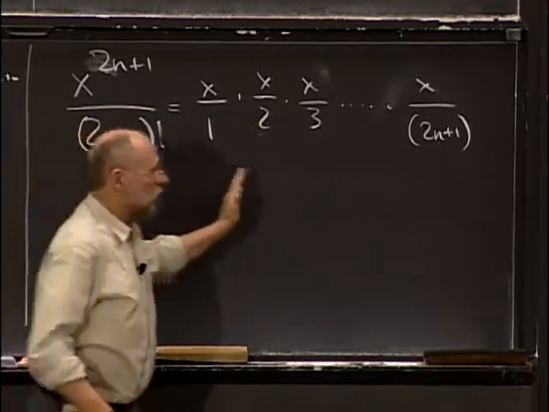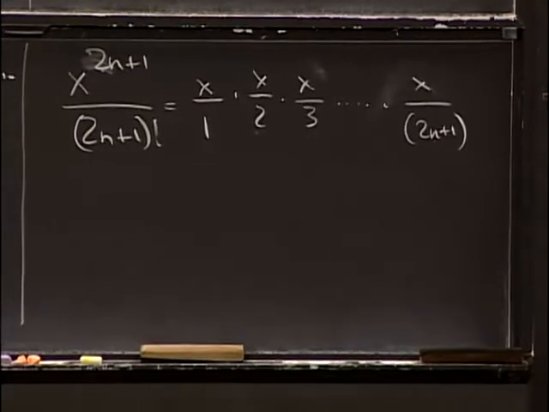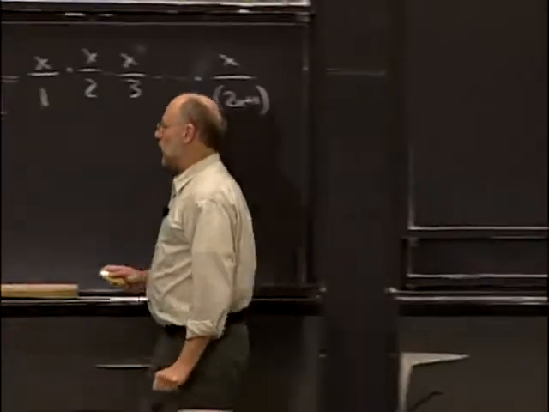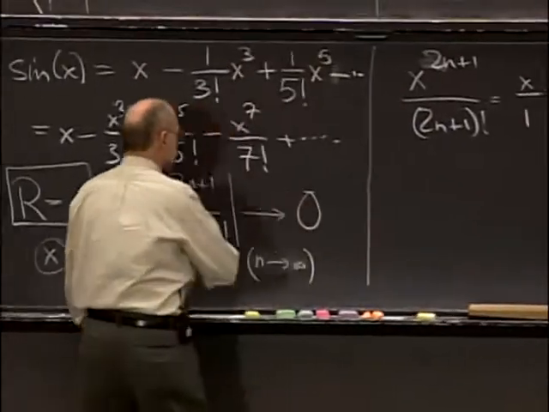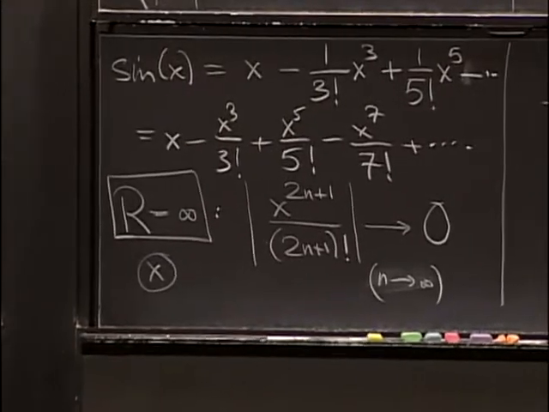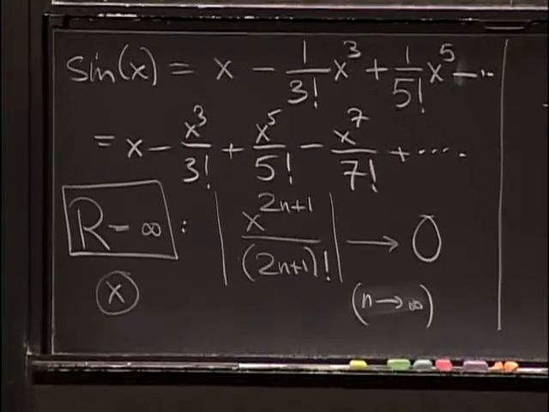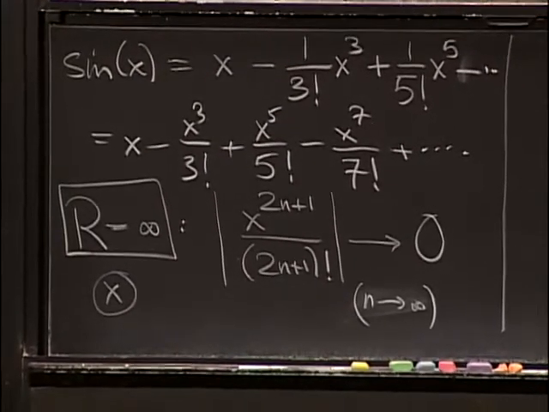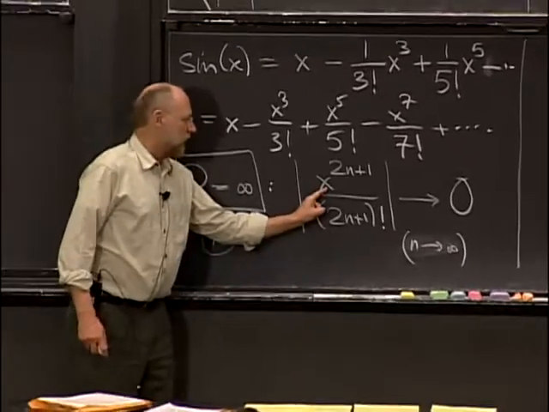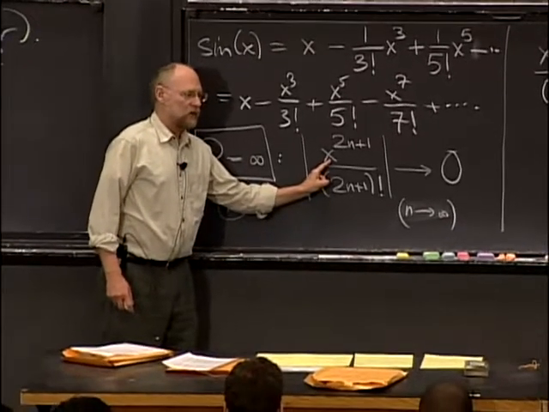So when I take the product, if I go far enough out, I'm going to be multiplying by very, very small numbers, more and more of them. And so no matter what x is, these numbers will converge to 0. That's the sign that x is inside of the radius of convergence.